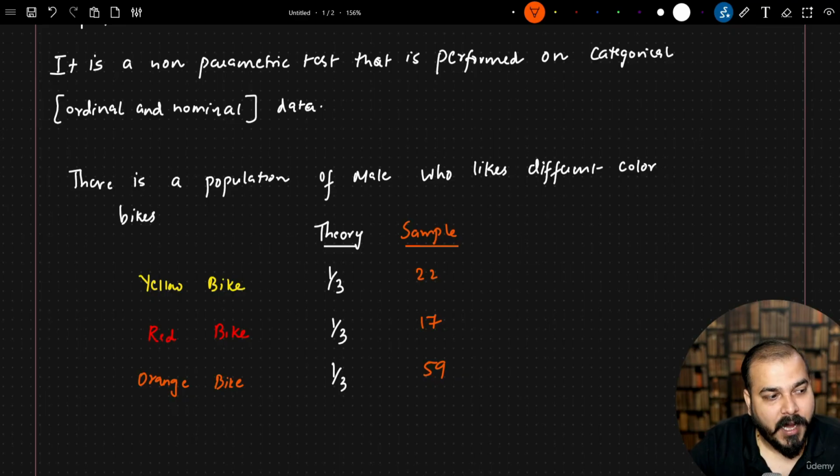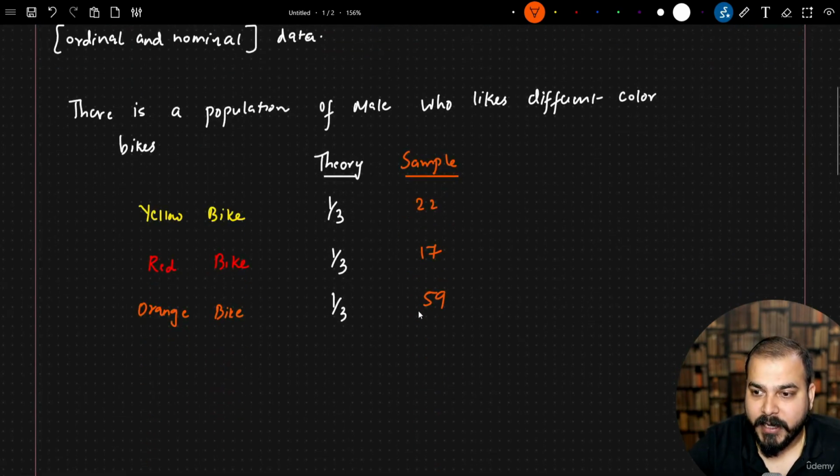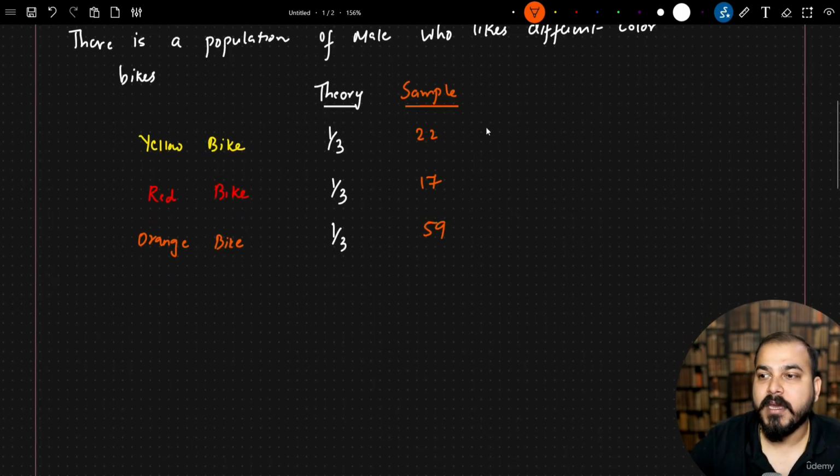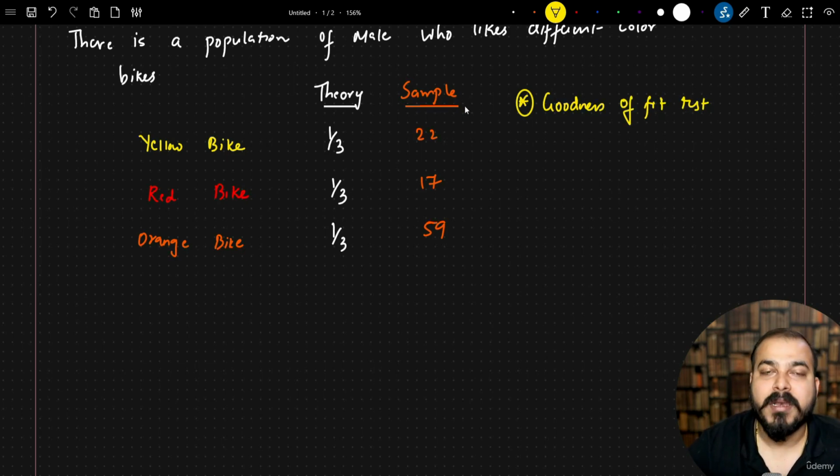Now that this sample data is present, with the help of the chi-square test we will see whether this sample information is a goodness of fit for the theory. The goodness of fit test basically means: does the sample information we have collected support the theory?